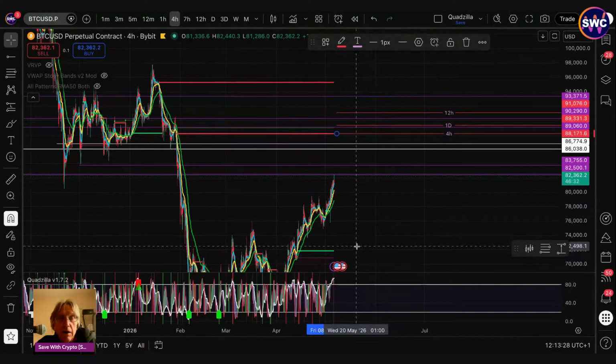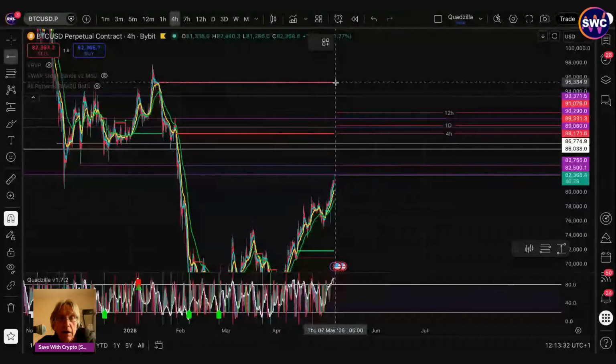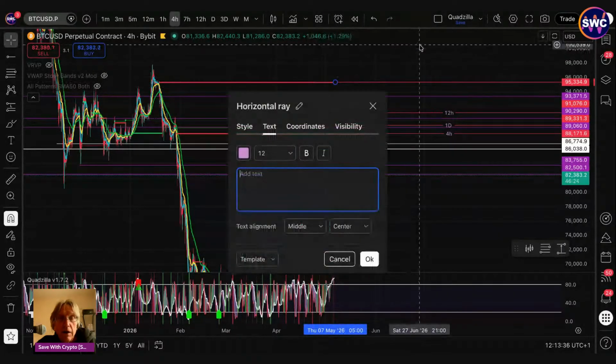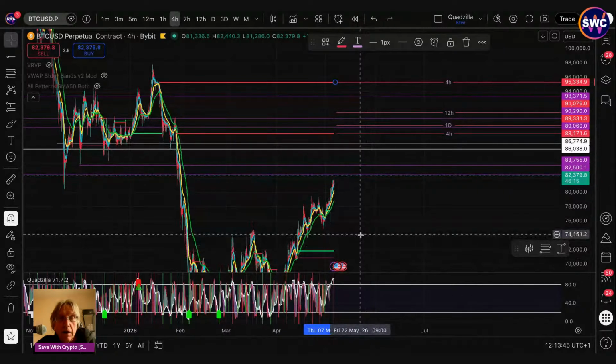And we'll also put in this one up here, and label that as 4 hours as well. Now, is this going to help? I think, to be honest, the actual Quadzilla retracements are probably more useful than the actual monthly retracements, but we'll leave them all there for the moment.